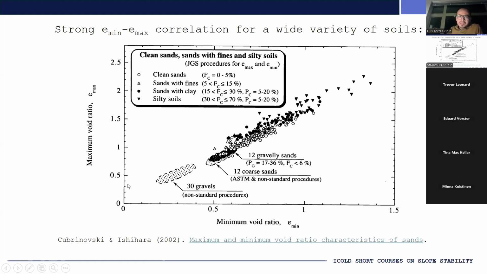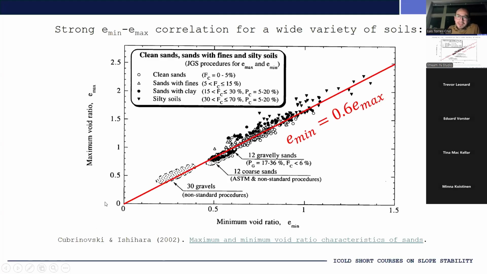And what emerges here is that despite the variability in soils, there is a very clear linear trend, and I hope you can appreciate it before I put it on the slide. There you go.